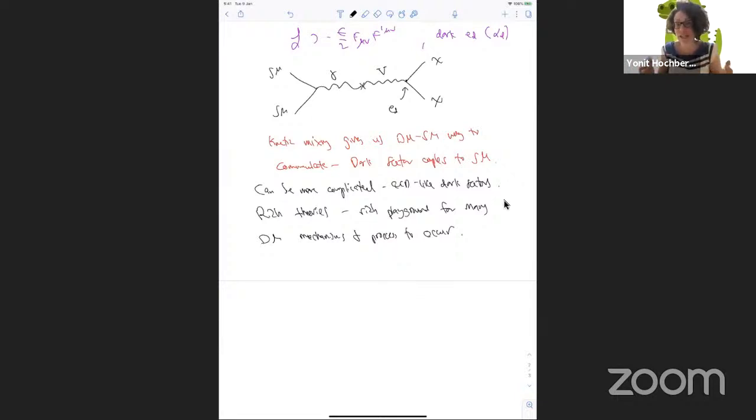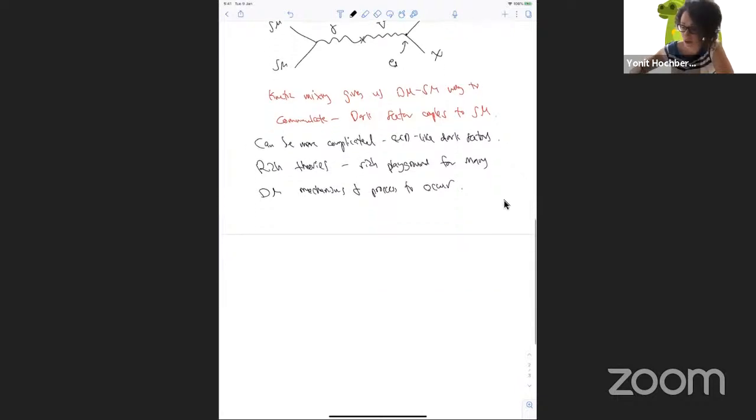There are often multiple processes occurring, and depending on the relative strength of parameters and masses, you might find that you're in a region of parameter space where one process is more important or a different process is, and that will lead you to different mechanisms to set the abundance of dark matter within the same theory. So this leads you to different phases of the theory. This is certainly going to be the case over here too, since the fact that these are rich theories is true in general.